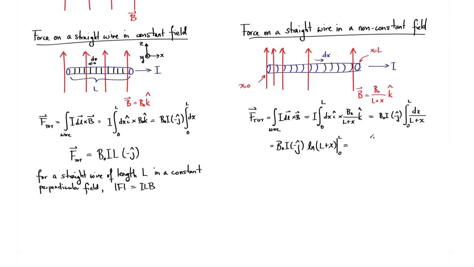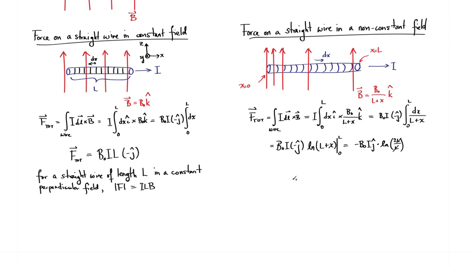So what that's going to give me is minus B naught I times j hat. And then up here I'd get log of 2L minus log of L when I put 0 in. So it's log of 2L minus log of L. Log of 2L minus log of L is the same as log of 2L over L, right?